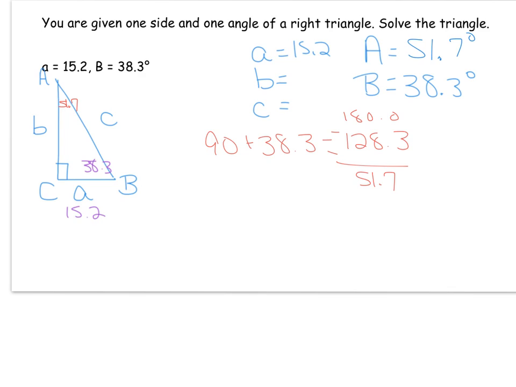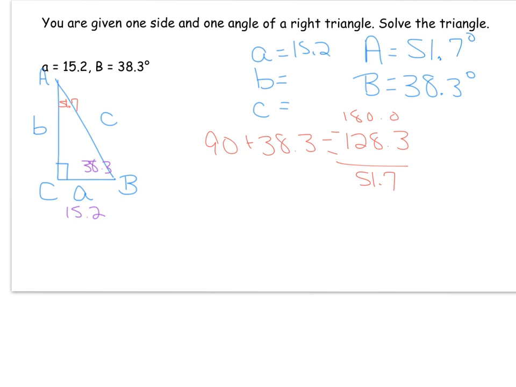Now we got to find the other 2 sides. We have some options. There are many ways to do this. I may choose to do one way, you may do it another way, but we should get the same answer in the end, okay? So I'm going to use this angle B here. Side B is opposite angle B, and they gave me the 15.2. So opposite over adjacent, I'm going to use the tangent ratio.